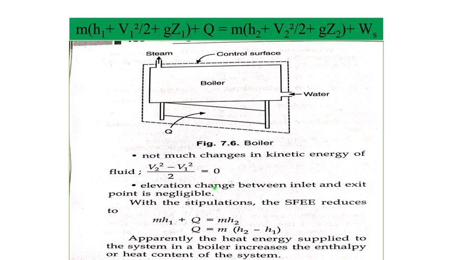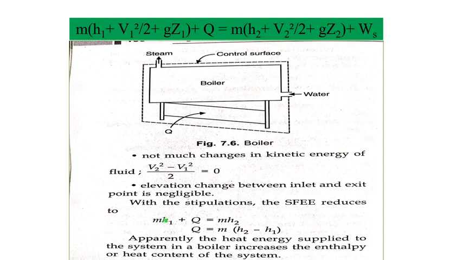Now, with these stipulations, the steady flow energy equation reduces: V1 square by 2 will be 0, Zg1 will be 0, V2 square by 2 will be 0, gZ2 will be 0, plus this Ws will also be 0 because there is no production of mechanical work.